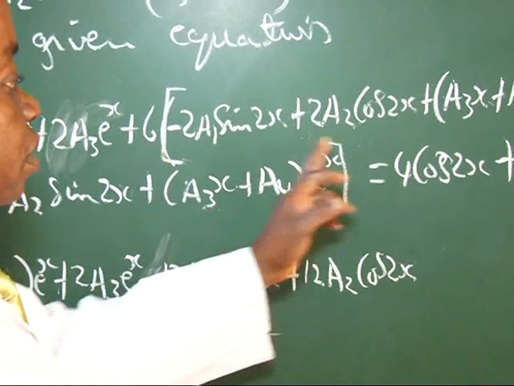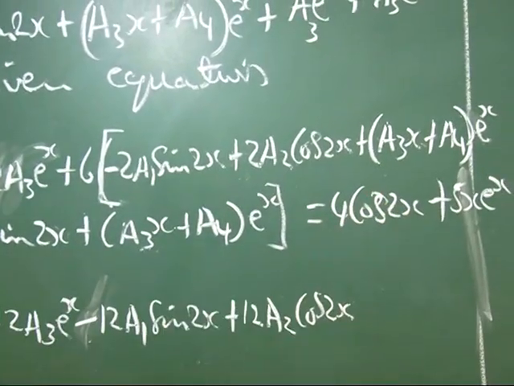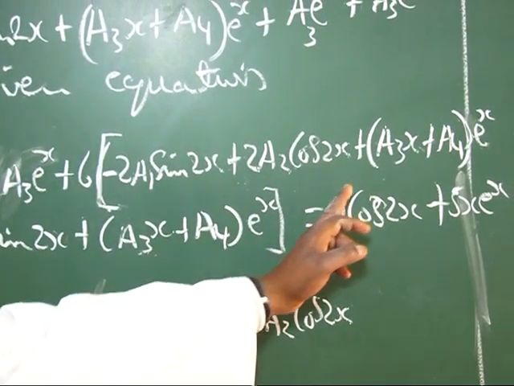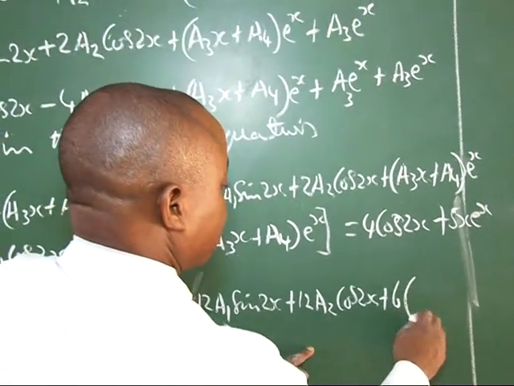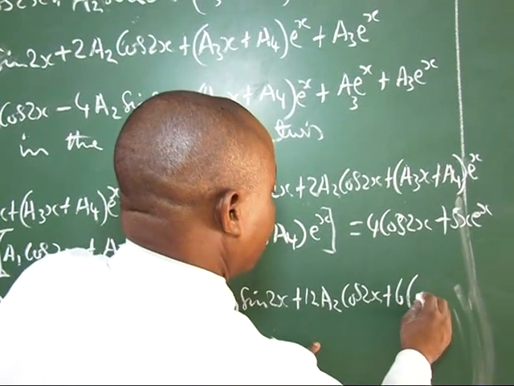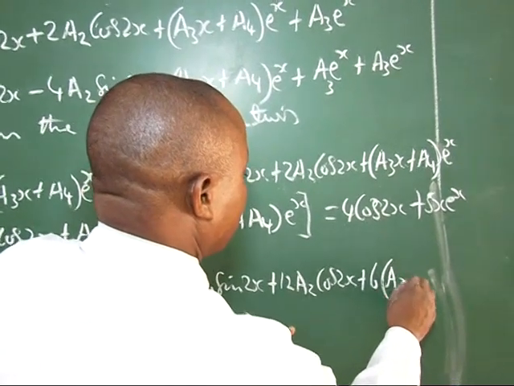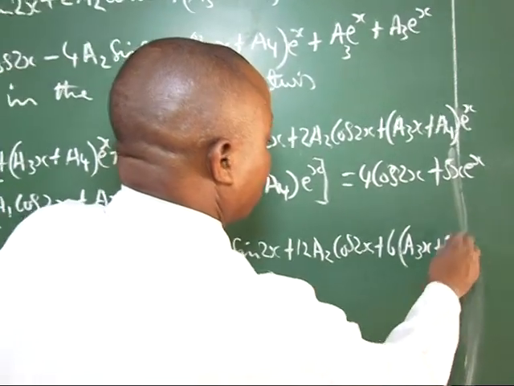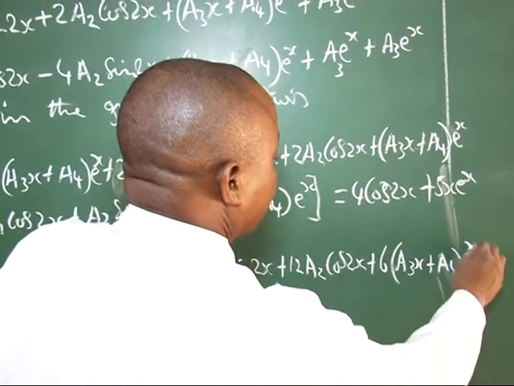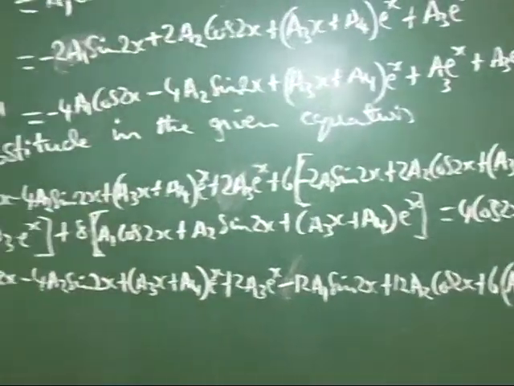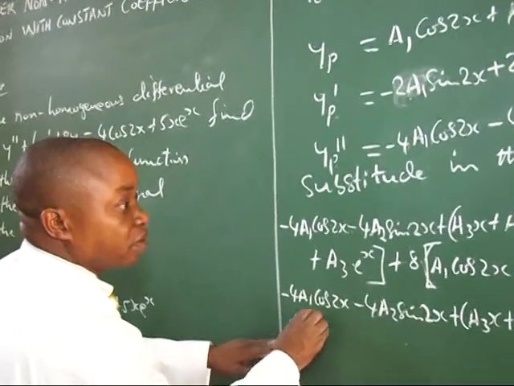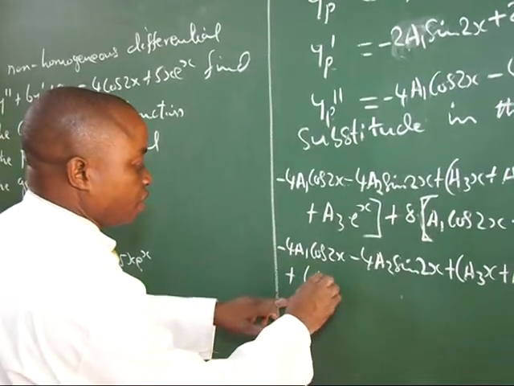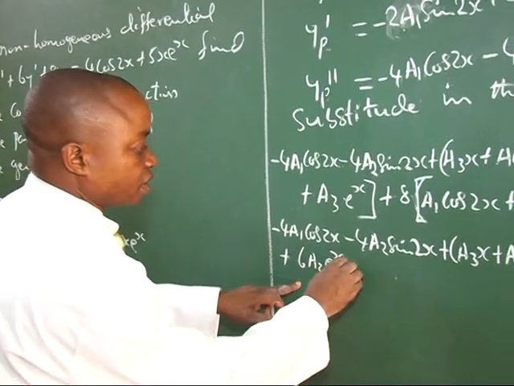Then this times this will give us plus 6 (a3x plus a4) exponential x. Then we also times this: plus 6a3 exponential x.